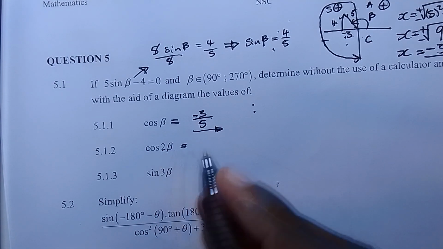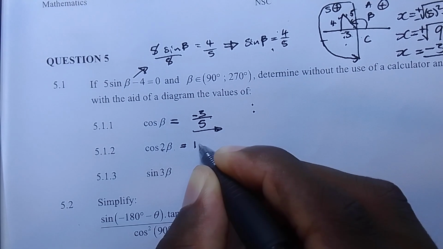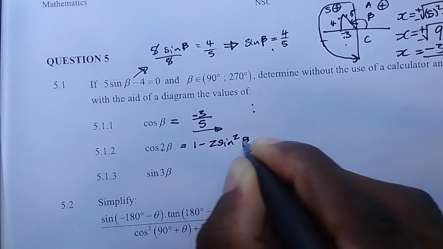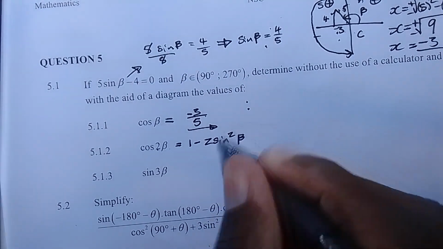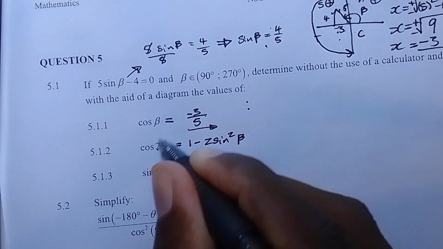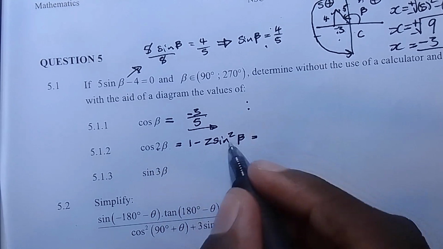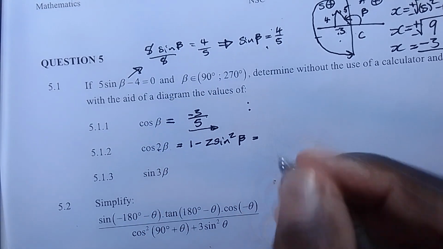Cos 2 beta can be changed to 1 minus 2 sine squared beta, using the double angle identity for cos. The reason we're using this is so that we can remove the 2 from the inside. Now we only have beta, so we will substitute sine beta, because we know it's 4 over 5.